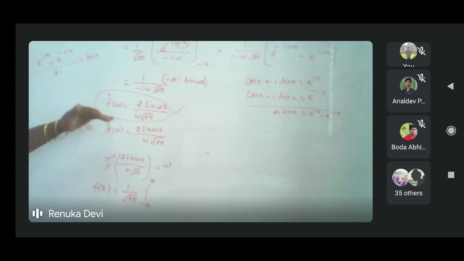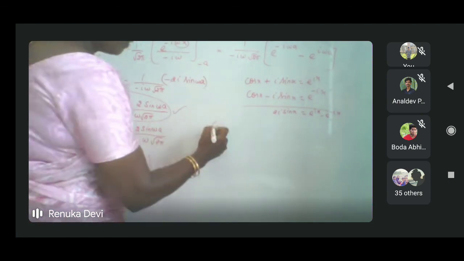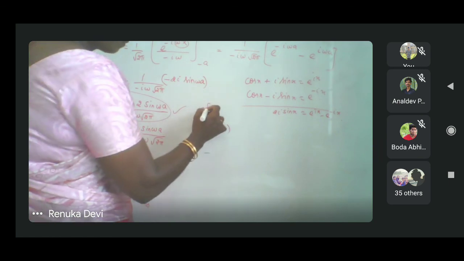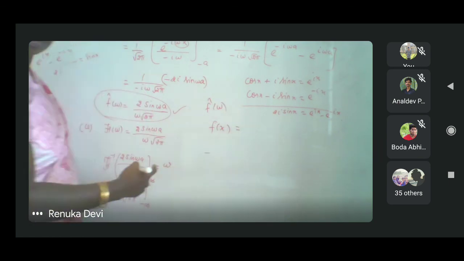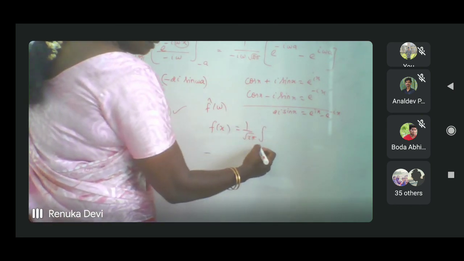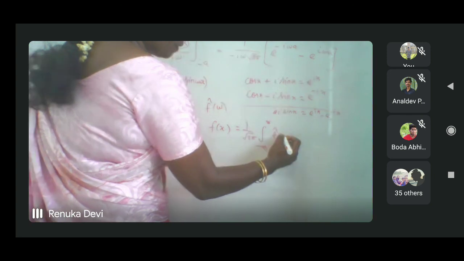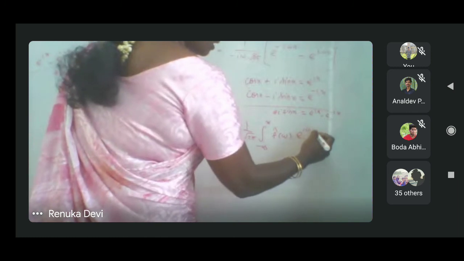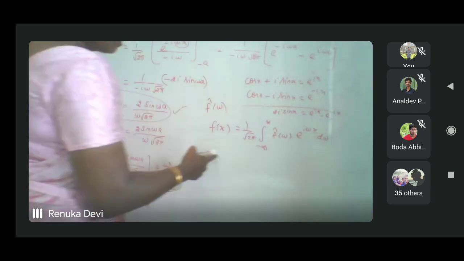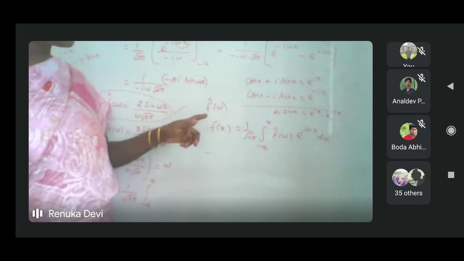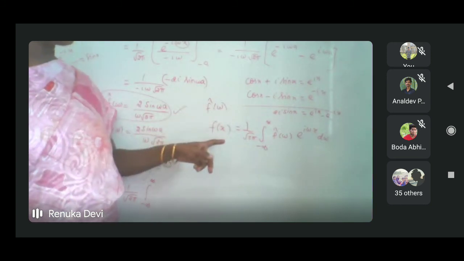The inverse transform of f cap of w is f of x equal to 1 by root 2 pi integral from minus infinity to infinity of f cap of w, e power i w x dw. This is already given in your notebook. You just see.